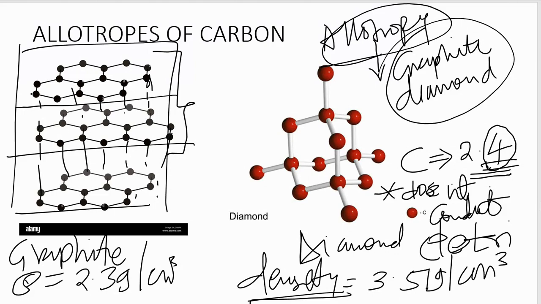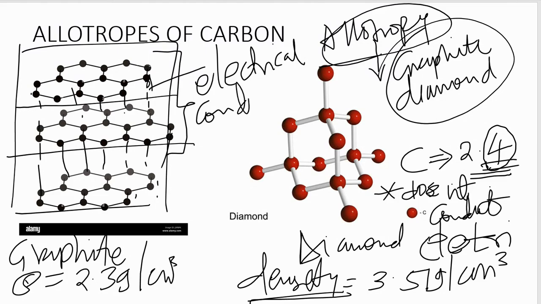For graphite, it only uses 3 electrons of the 4 to form the bonds, and that 1 electron, which we call the delocalized electron, is the one responsible for electrical conductivity.